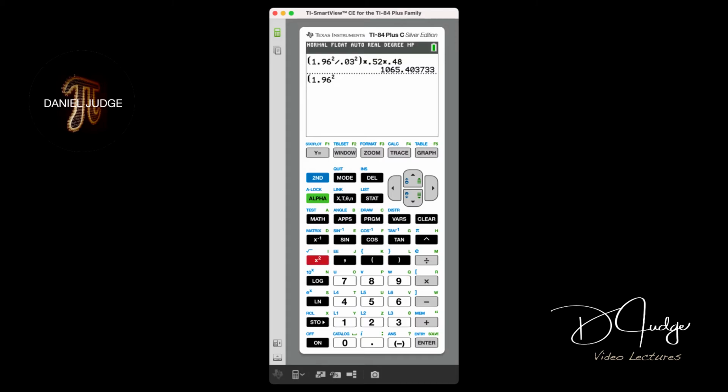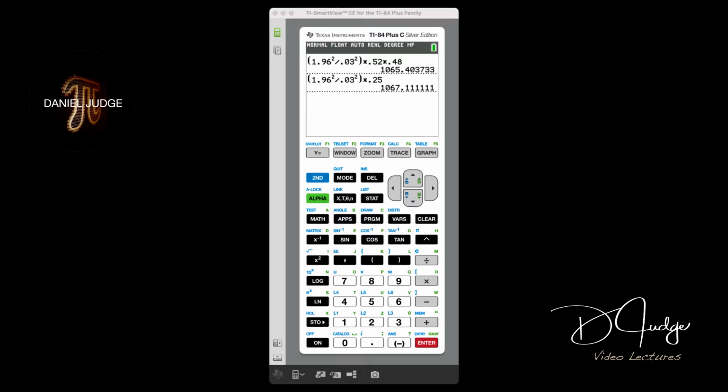1.96 squared divided by 0.03 squared, close that, times 0.25. Now, as I said, 50% was close to 52%. The minimal sample size now, rounding up to the next whole number, is 1,068.